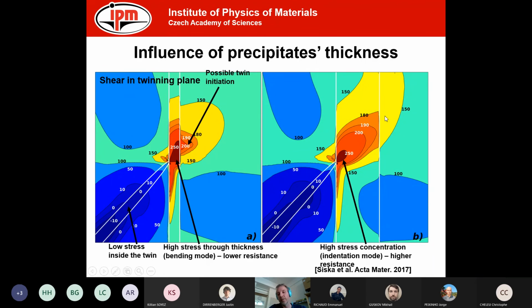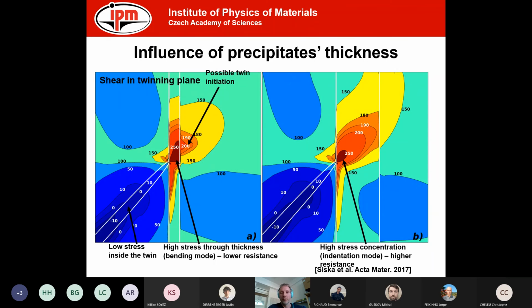So probably here even the twins will have difficulty to propagate farther behind the precipitate. And you can see that you have low stresses inside the twin, which corresponds to the condition of zero average stress.